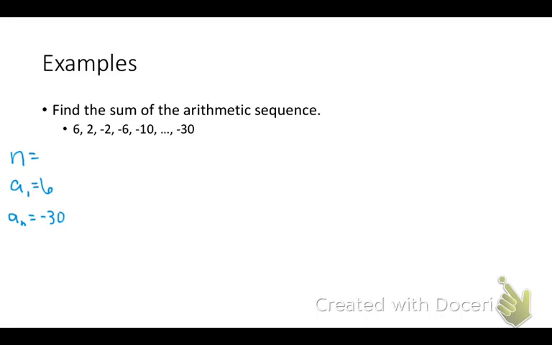Any ideas as far as what you want to do or how you would go about it? Plug it into the rule. Okay. So if I plug it into the rule formula, I have a sub n equal to a sub 1 plus d times n minus 1. Which number would be the smart one to use?